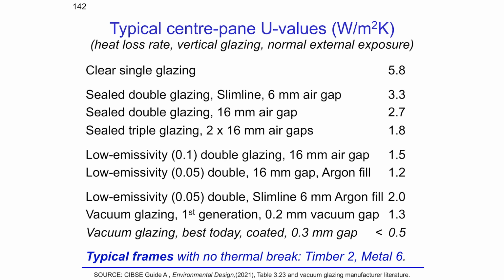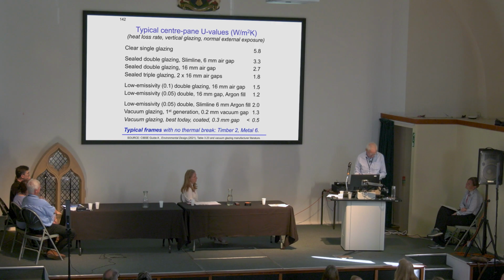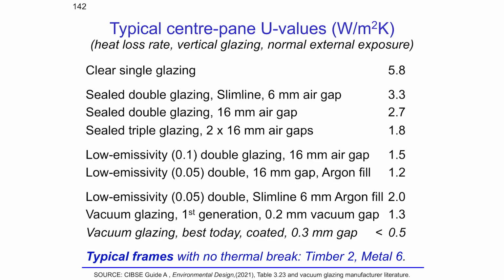But it's a very, very chunky, heavy thing, and it really doesn't marry up at all to the very, very non-chunky, fine sight lines that we often get on traditional British windows. So then we bring in the low-E, and with argon fill, you're down to about a quarter through the center of the thing.